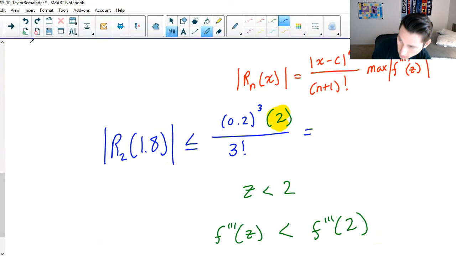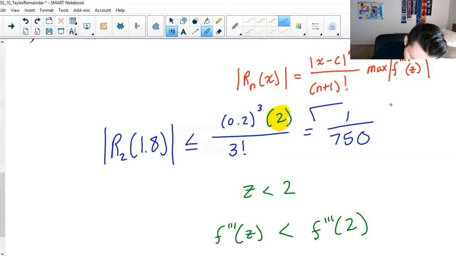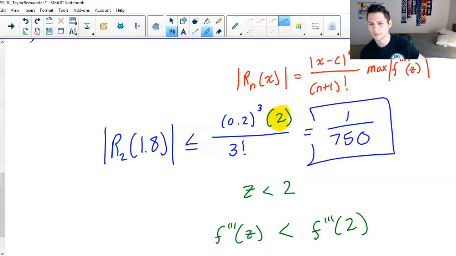And if I just calculate that, let's see, something quite small again. 0.2 cubed divided by 6. Oh, I guess I could have done that. 1/750th. So pretty good.